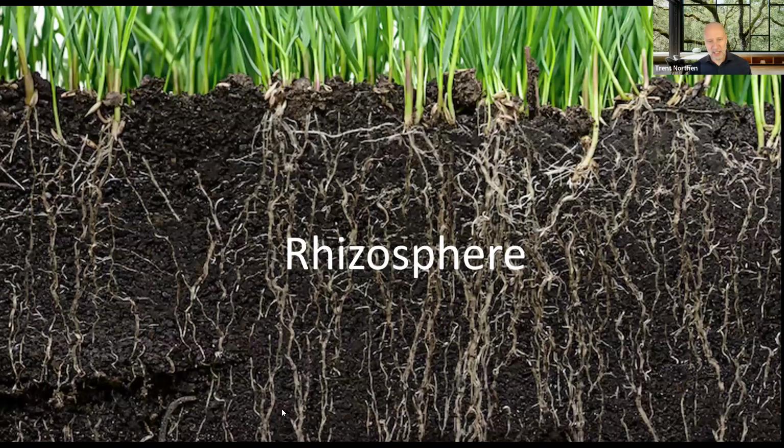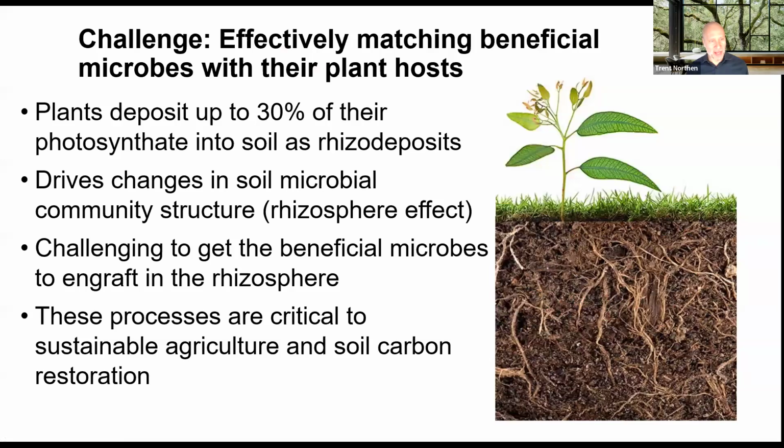So today I'm going to be talking about the rhizosphere, which is the region of soil immediately around plant roots. And it's a very interesting environment and also very important because a large fraction of carbon on Earth is cycled through the rhizosphere. So plants deposit up to about 30% of their photosynthate into the rhizosphere, where it drives and feeds beneficial microbes that help with the plant growth.